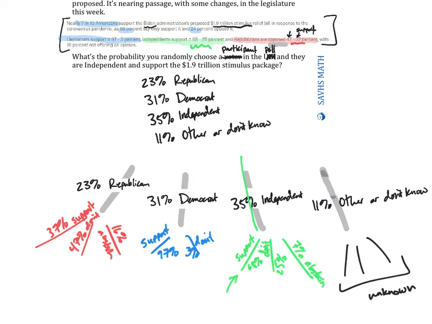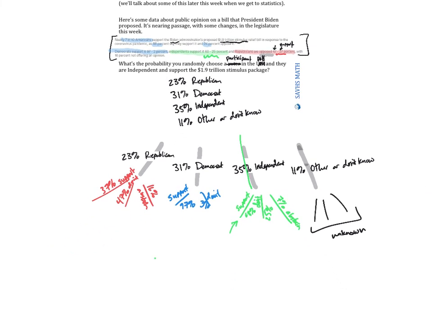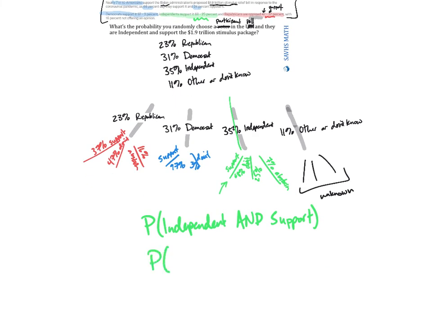So to get P of independent and support, we need to do P of independent times P of support, given that we're looking at independent voters.